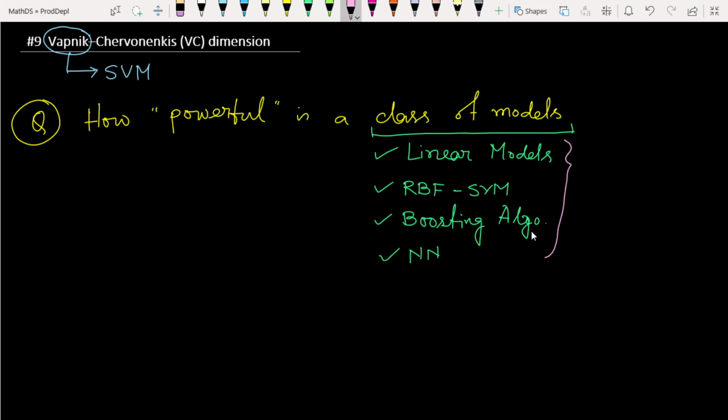But this is another kind of concept, a theoretical concept, a theoretical perspective.